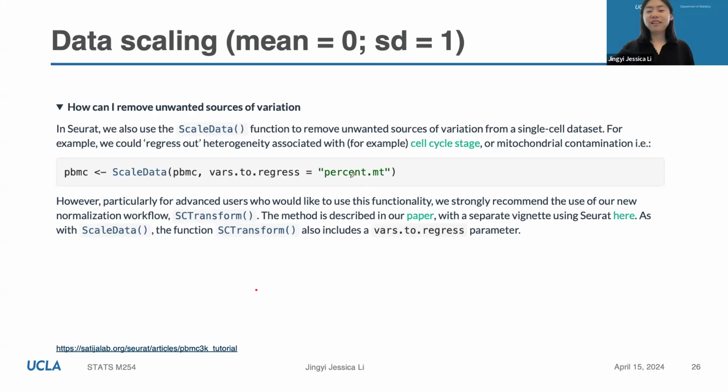Like for here, they want to remove the percentage of mitochondria. And it also mentioned the cell cycle stage. If that's something you don't care about, like the cell cycle stage each cell is in, then you could maybe add cell cycle marker genes as your confounder, so then the variance is not depending on them.